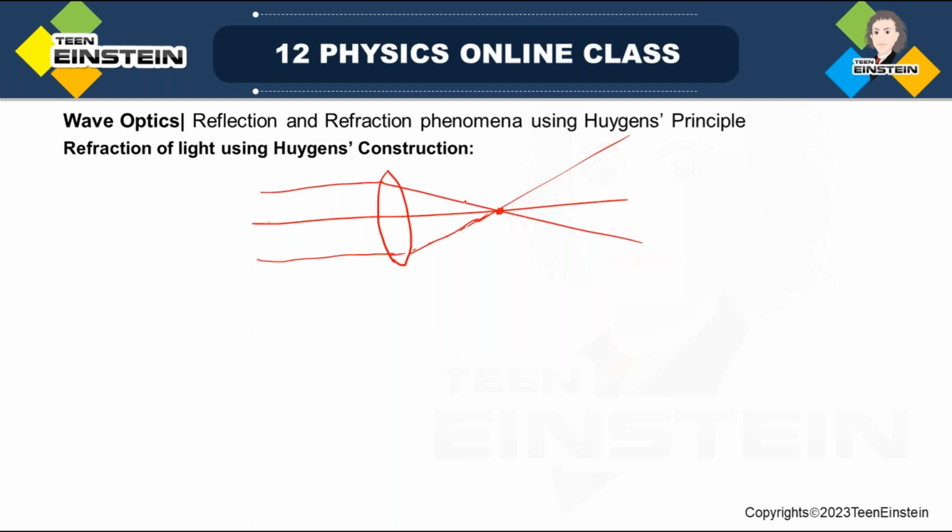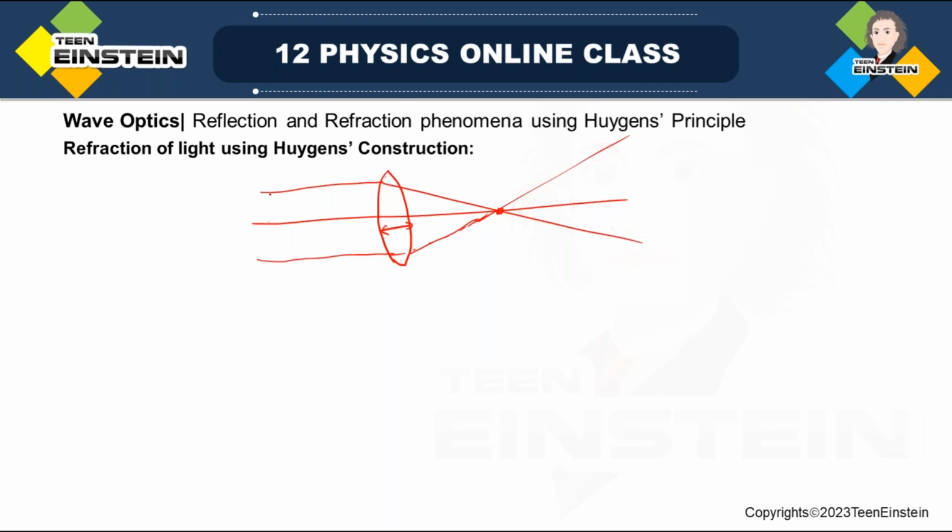So in this case, look at the central part and the edge of this lens. The central part is the thickest part, and the edge is actually thinner, isn't it?